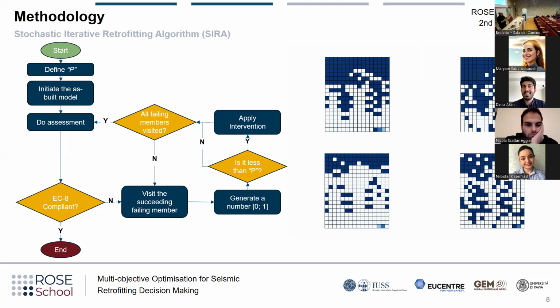So now, if I have an algorithm which is able to produce different feasible solutions, now I can feed my optimization with this initial set to carry out the optimization and find the optimal solutions.